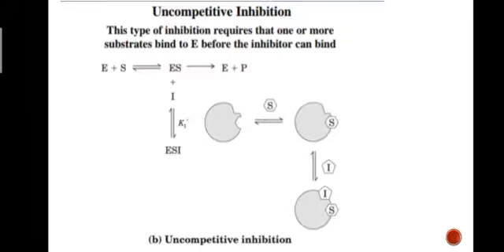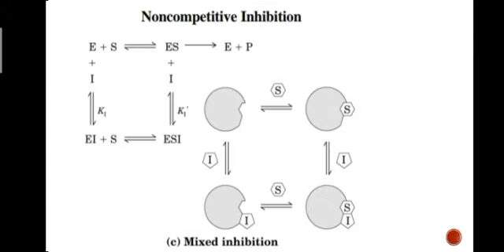An uncompetitive inhibitor binds only to the ES complex at a site distinct from the active site, and a mixed inhibitor, or you may say non-competitive inhibitor, binds to either enzyme or enzyme substrate, again at a site distinct from the active site.